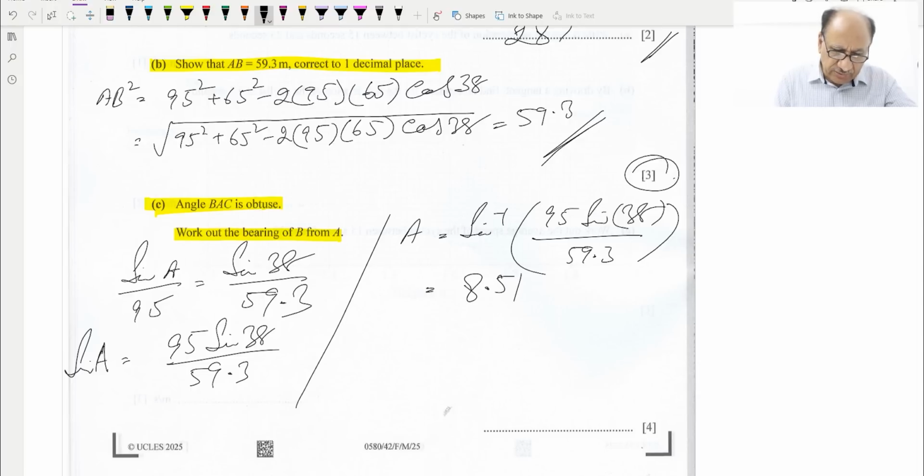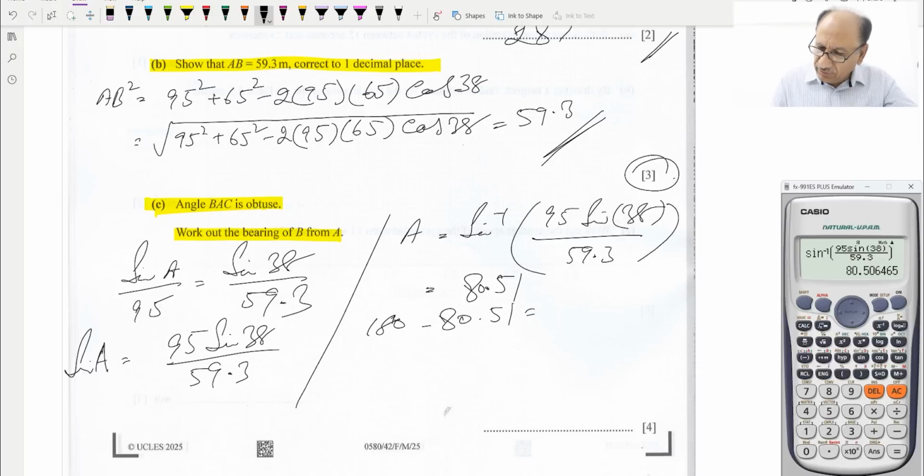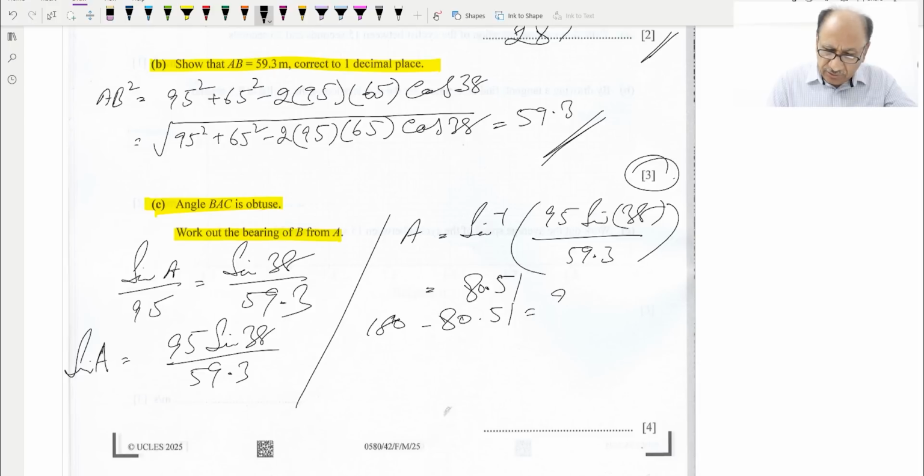80.51. As the angle is obtuse, we'll be taking 180 minus 80.51, because we need an angle bigger than 90 degrees. So the answer will be 99.49.